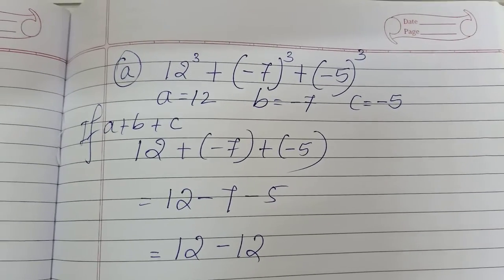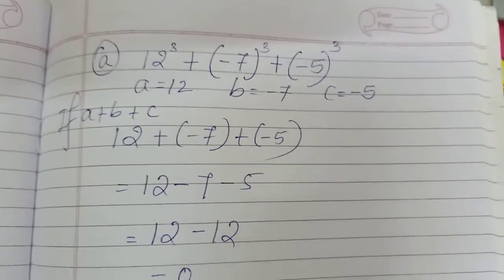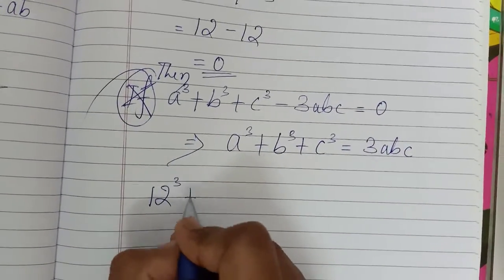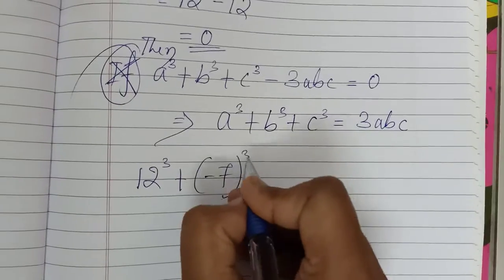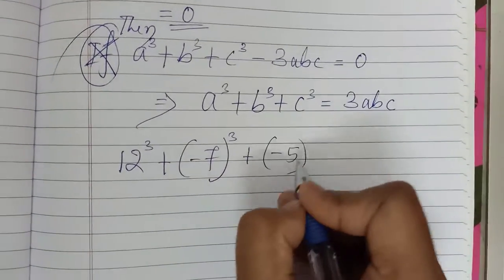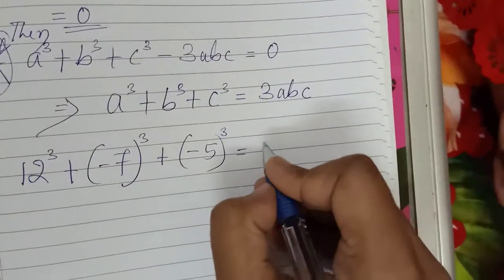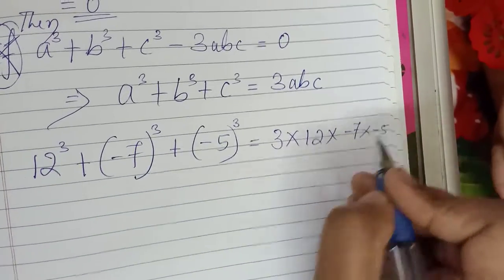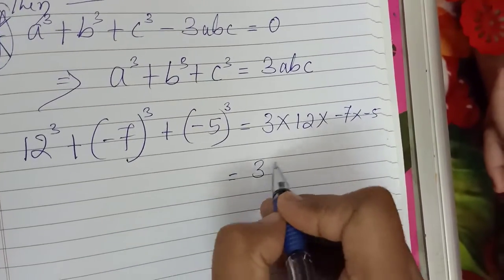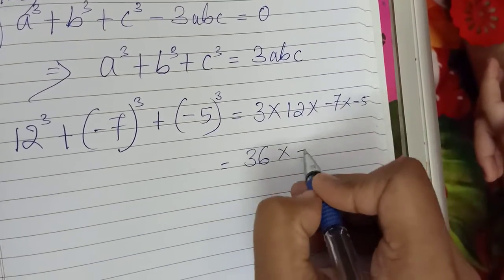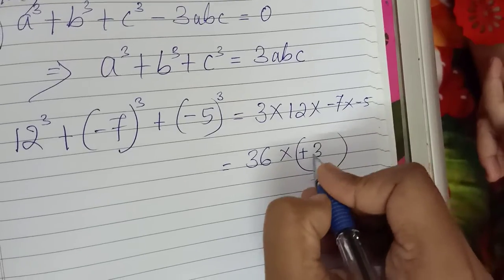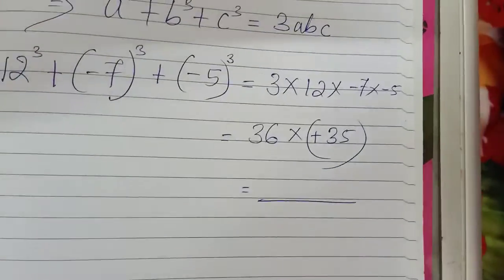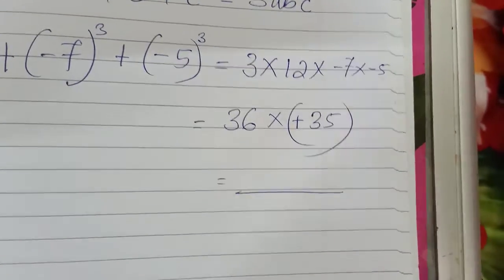practically obtain the cube of 12, minus 7 and minus 5. Instead, what you have to do is directly do 3 into 12 into minus 7 into minus 5. So 12 3s are 36, minus into minus is plus, 7 5s are 35. Then you have to write the answer by multiplying 36 with 35.